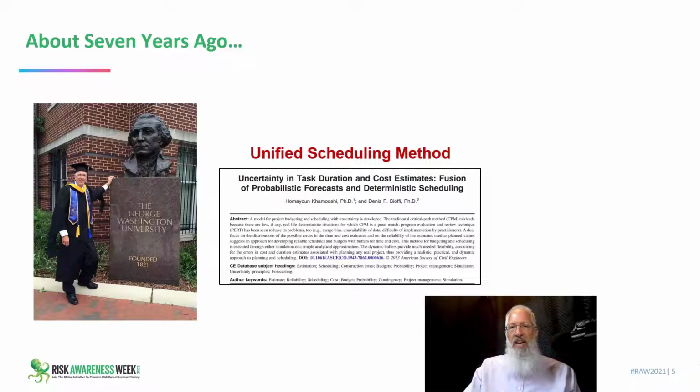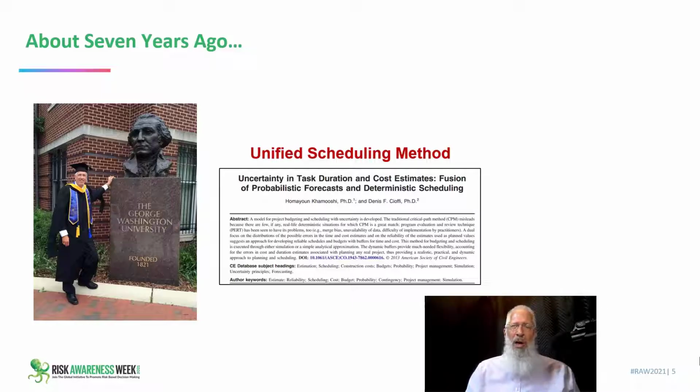Unified Scheduling Method is an approach for creating a scheduling buffer without having to use Monte Carlo simulation. It's a very good method to use, but it does require you to know what's the probability of a task on a schedule being exceeded, or what's the probability of success for all those critical path tasks that are on your schedule?